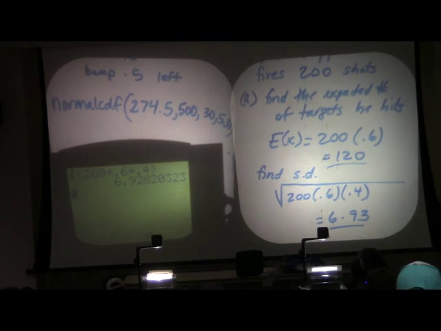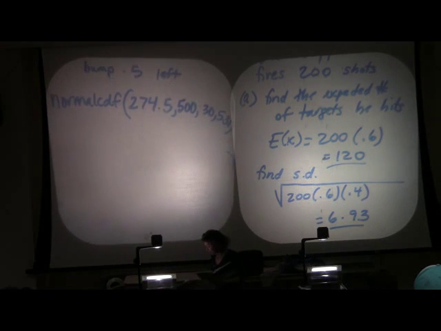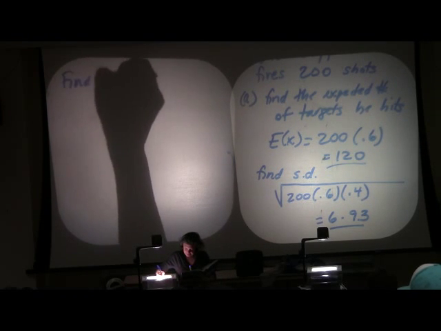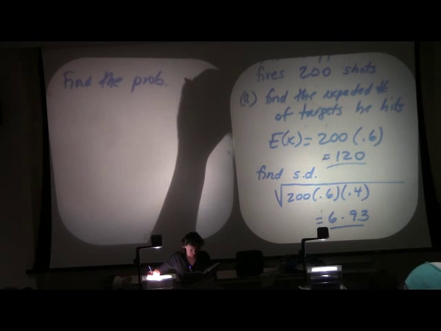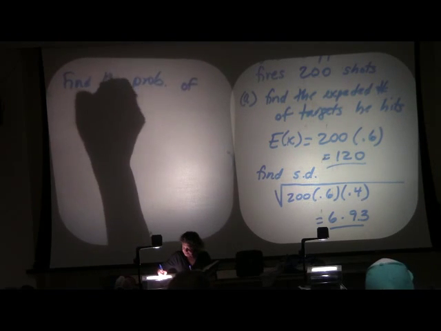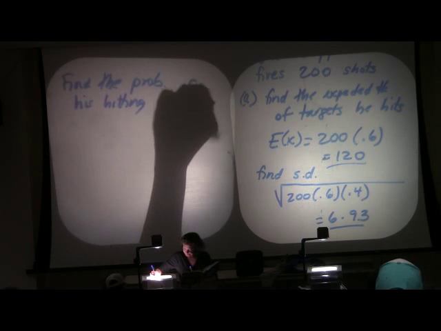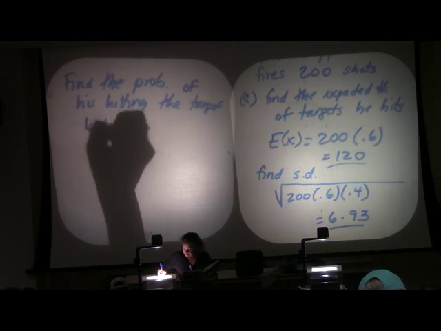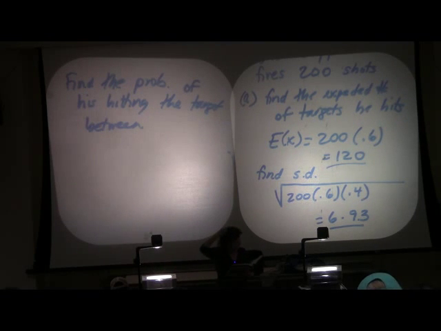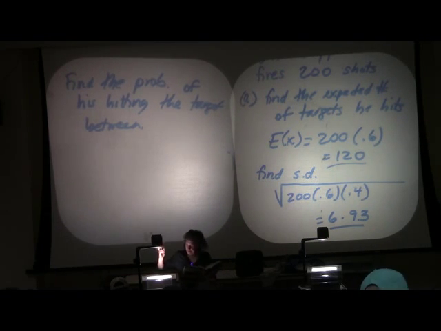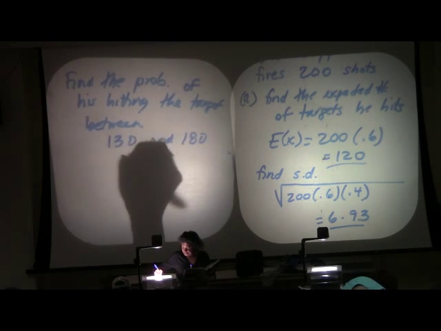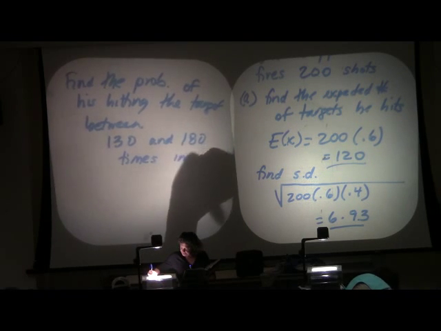Okay. Let's find some probabilities. Let us first find the probability of his hitting the target between, I don't know, how about 130 and 180 times inclusive.